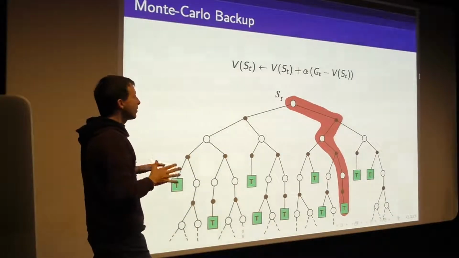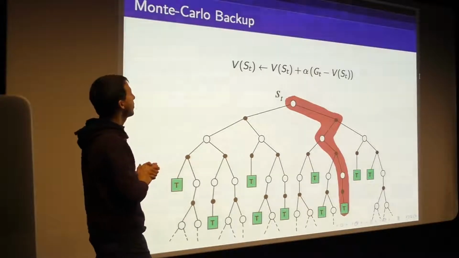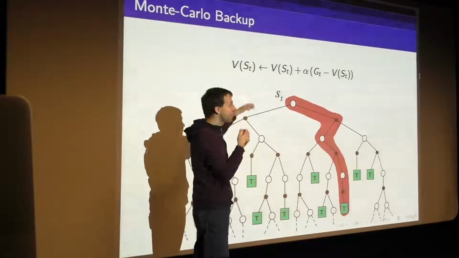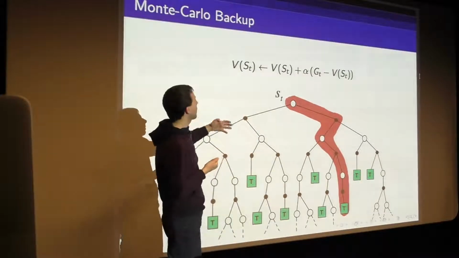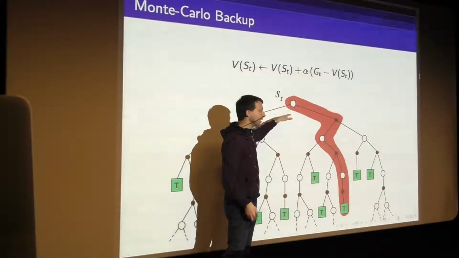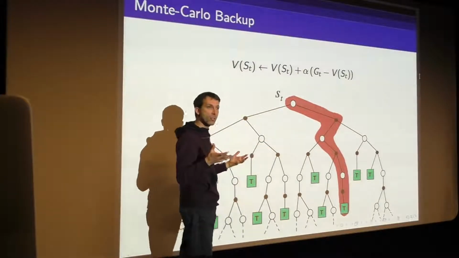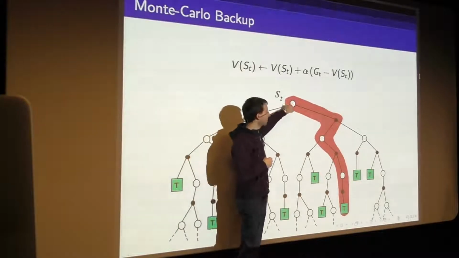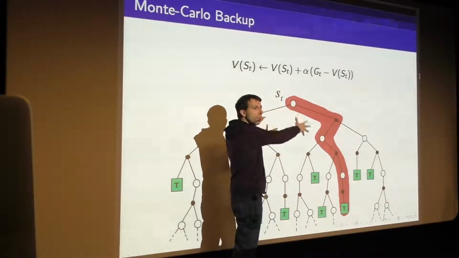Okay, so let's try and pull things together a little bit. We've seen that we have these different updates which take these particular forms, and we can think of these as backups. Imagine we're doing something like the backup diagrams we saw for dynamic programming, where you start in some state, and implicitly there's some kind of look-ahead tree.